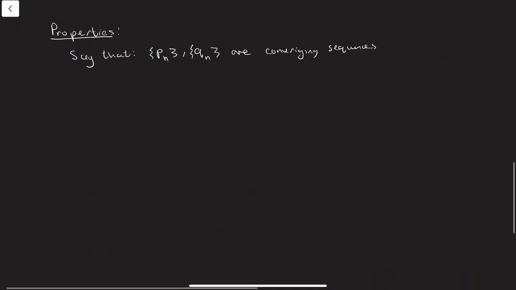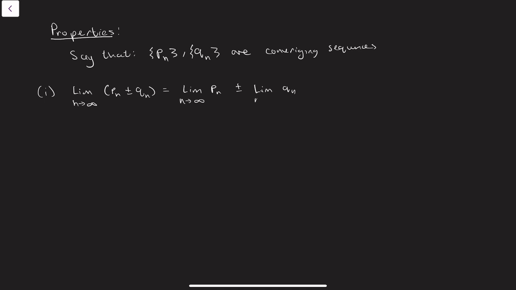Then we have a few rules, and I'll write them down. So the first one, let's say we have the limit as n approaches infinity. So as our index gets bigger and bigger, if we have P of n plus or minus Q of n, well, that's just equal to the limits added up individually. So the limit of P of n plus or minus the limit of Q of n as n approaches infinity.